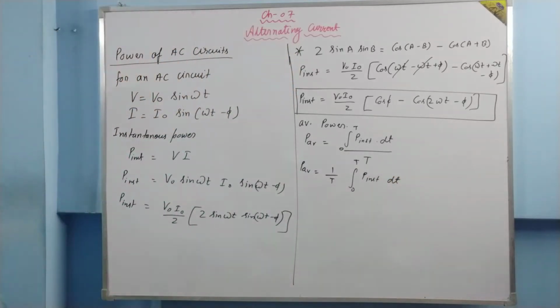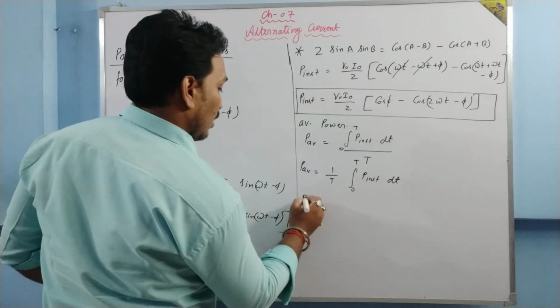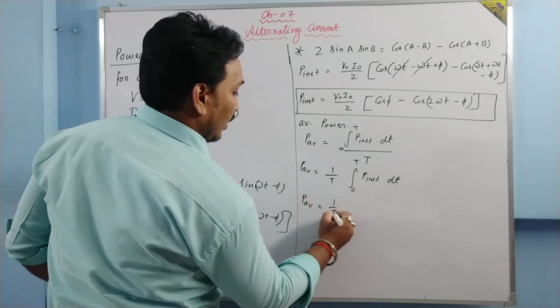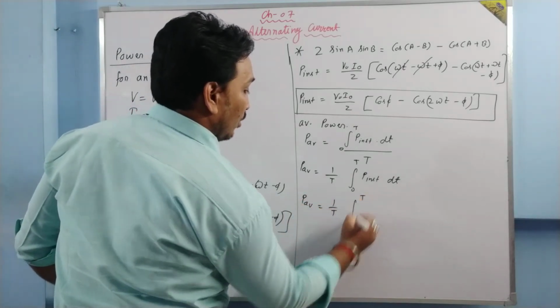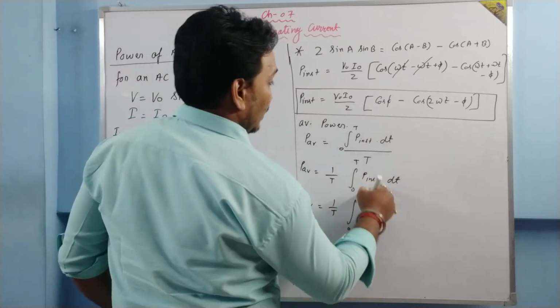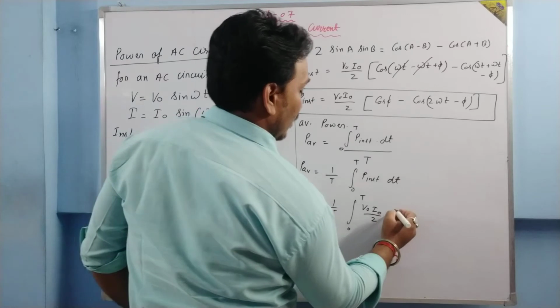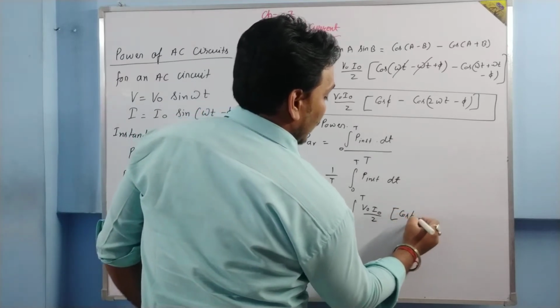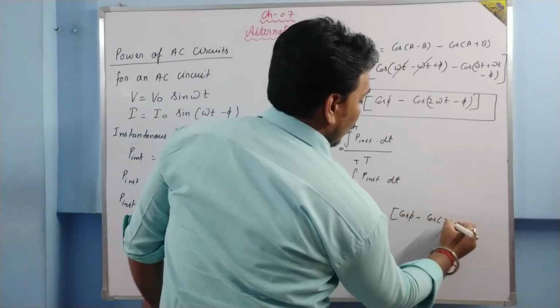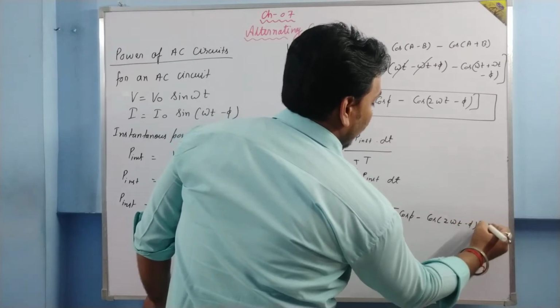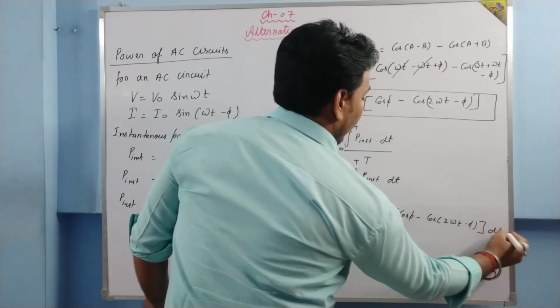Now just put the value of P instantaneous over there. P average is equal to 1 by T integration 0 to T of V naught I naught upon 2 times cos phi minus cos 2 omega t minus phi, dt.